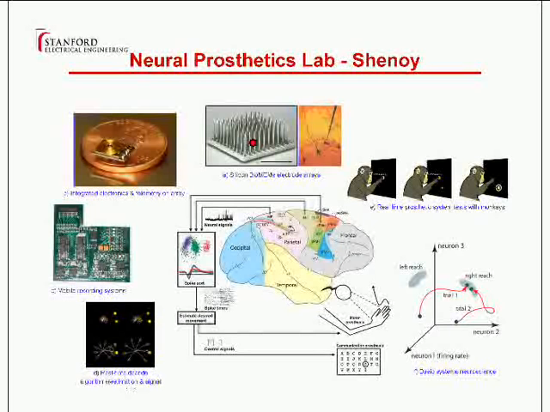You can see this is a MEMS-based sensor electrode array that's fabricated using silicon MEMS technologies. These arrays have all the sensing electronics on top of them. It's implanted into the brain. In this case, the experiment was conducted with a monkey. They were implanted into the monkey's brain.